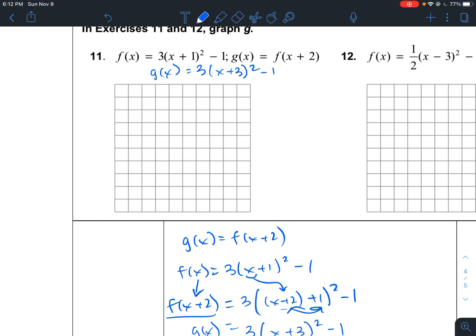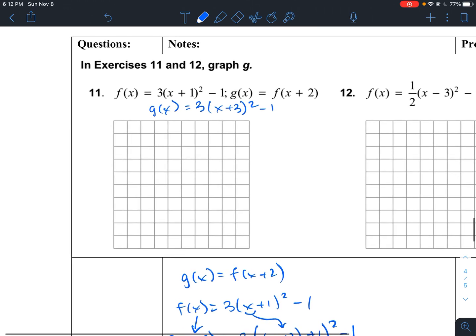Remember how we said that g of x was f of x but shifted to the left 2 units? So you can see here that this is plus 3 and this is plus 1. So this graph right here is the same thing as the other graph but shifted to the left 2 units, which is why we're no longer at 1, we're at 3.